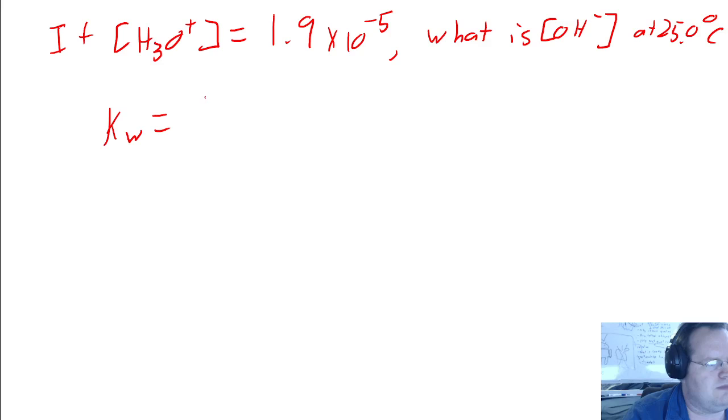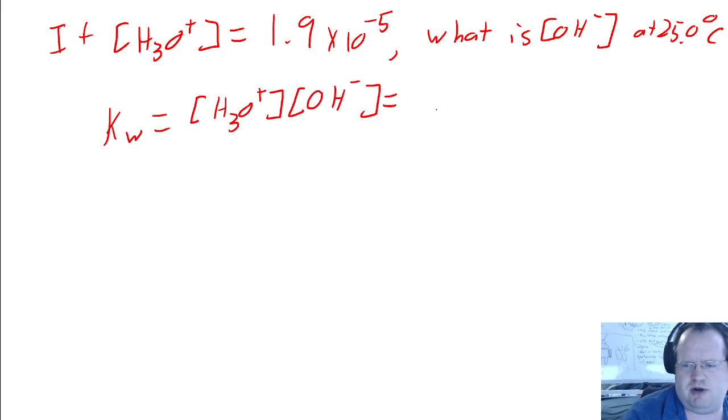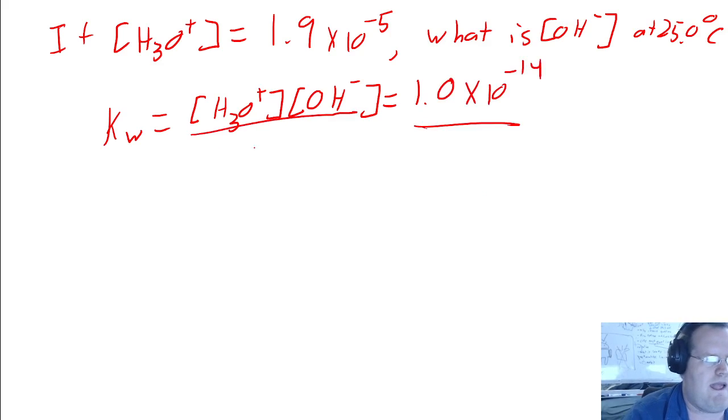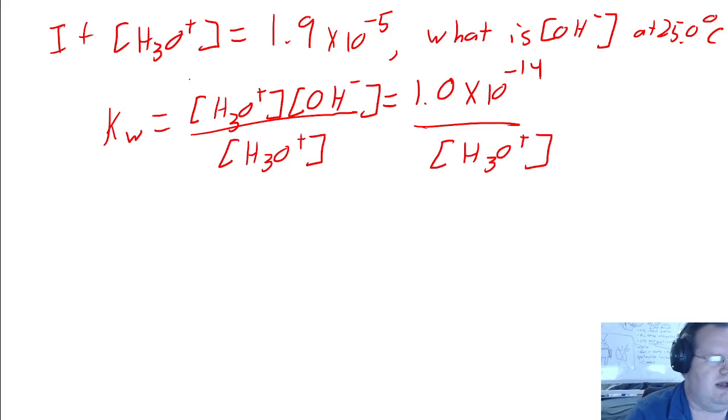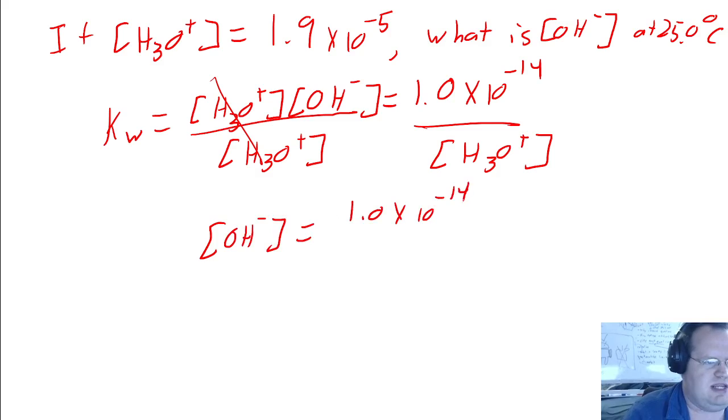So Kw is H3O+ times OH-, and you are expected to memorize this number for Kw at 25 degrees because we use it so much: 1.0 times 10 to the negative 14th. For this specific problem, I want to find OH-, so I'm going to divide both sides by H3O+. That cancels out on the left side, and I'll be left with my hydroxide ion concentration equal to 1.0 times 10 to the negative 14th divided by H3O+.